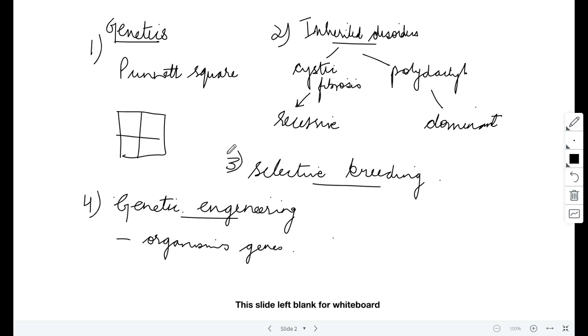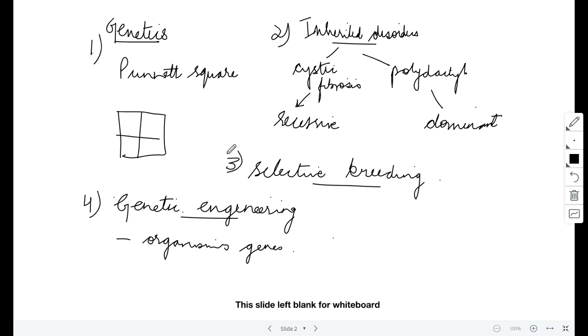This is called genetic engineering, or you can also call it genetic modification. You understood? The genes are being modified with the desirable characteristic.